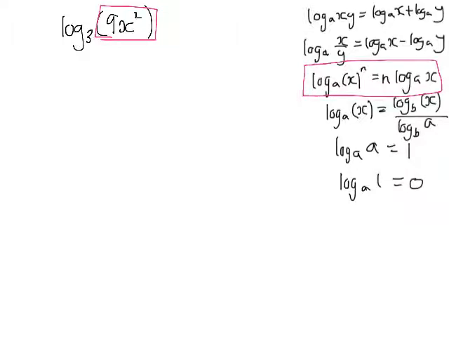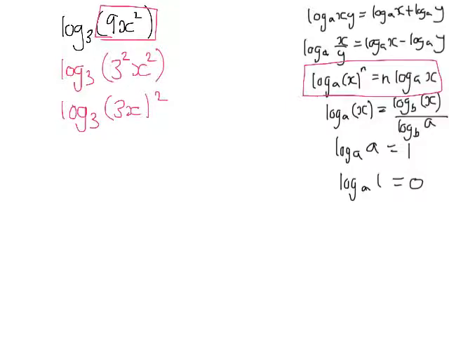But we can say that this is log to the base 3 of 3 squared times x squared. So this is log to the base 3 of 3x all squared. Now we can use our power rule, and we can say that this is going to be equal to 2 times log to the base 3 of 3x.